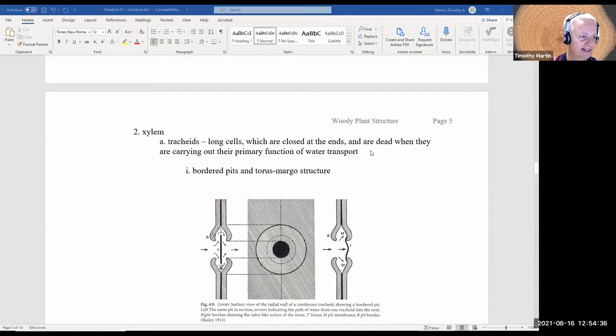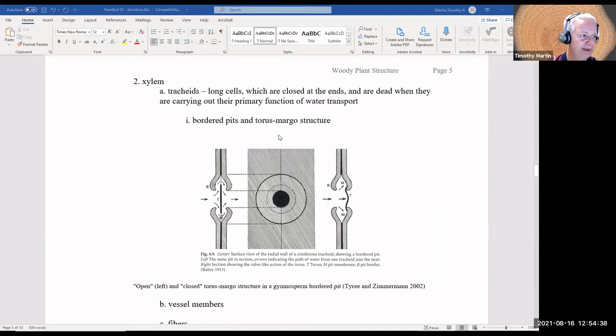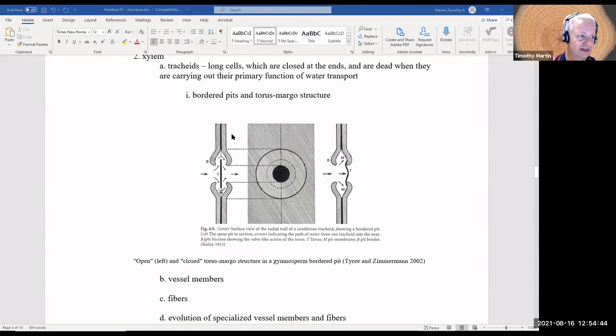Those are closed at the ends. Those pits are called bordered pits. And they have a special structure that allows them to act as a valve. Okay, so I'm actually going to go back to the big image because you can get a little bit better picture of it.